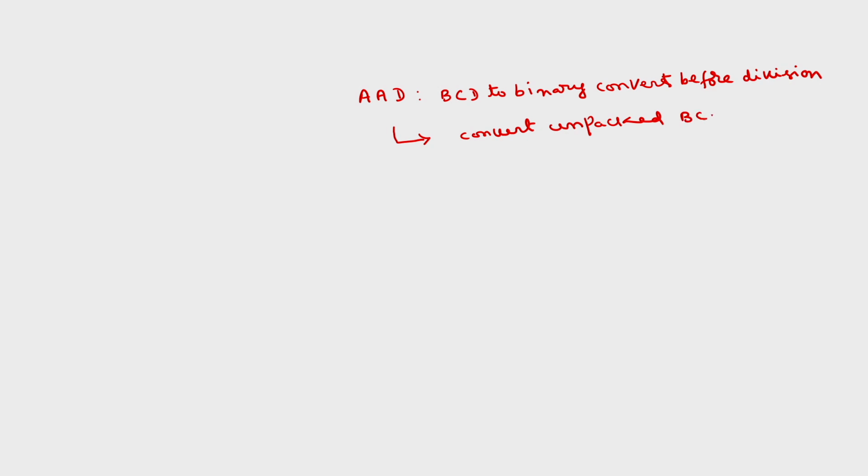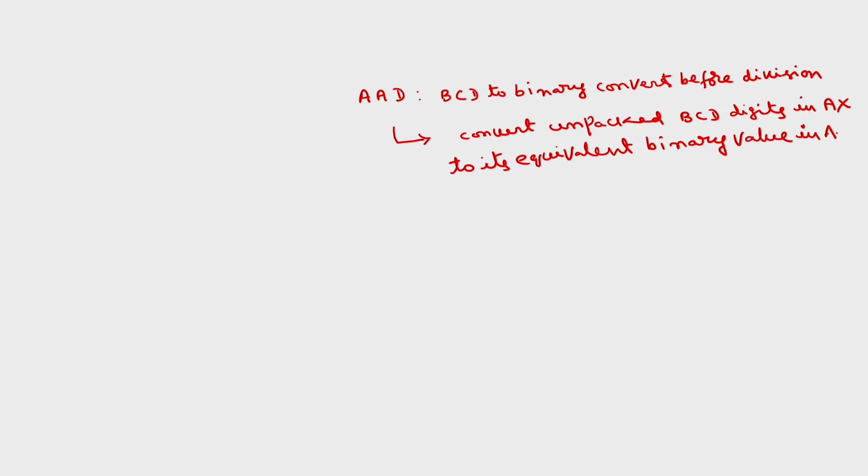So this instruction converts unpacked BCD digits in AX, this implied register, into its equivalent binary value in AL, this is also implied.